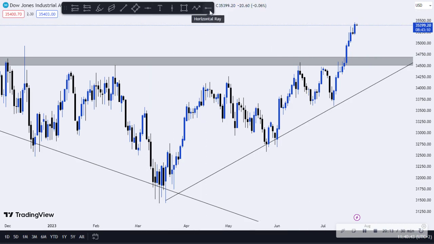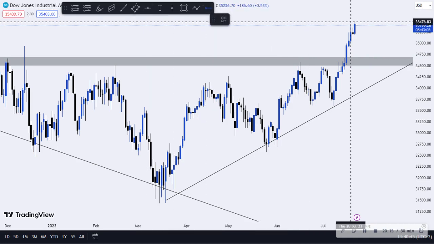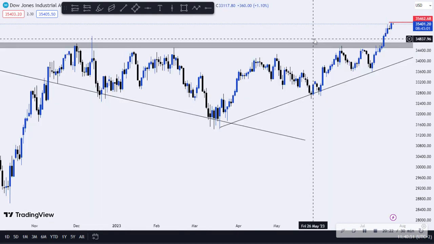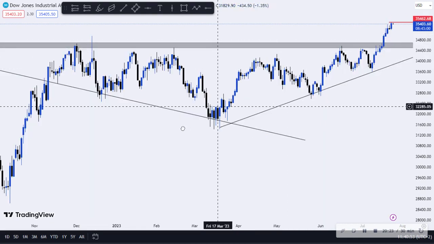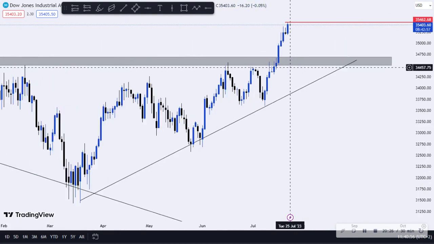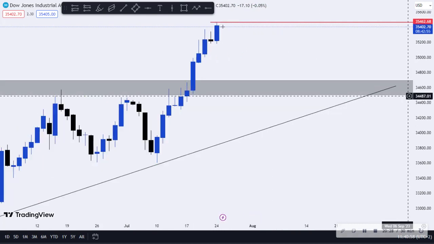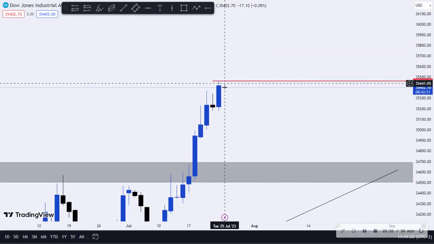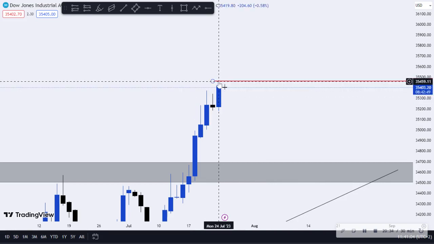We're gonna take our horizontal ray and put it where the wick is.